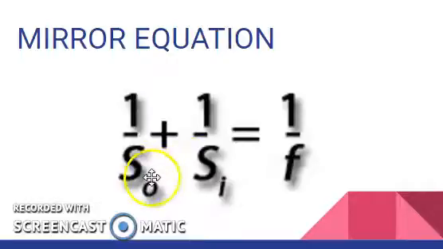So we have 1 over our object distance added to 1 over our image distance, and both of them together will equal 1 over our focal length, the distance from the mirror to the F point. We assume the radii of curvature is much larger than the mirror itself.